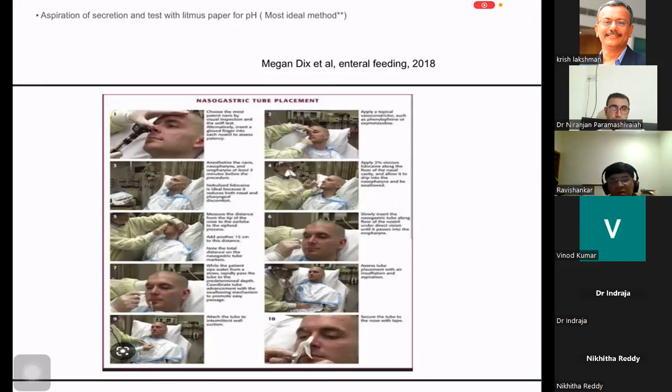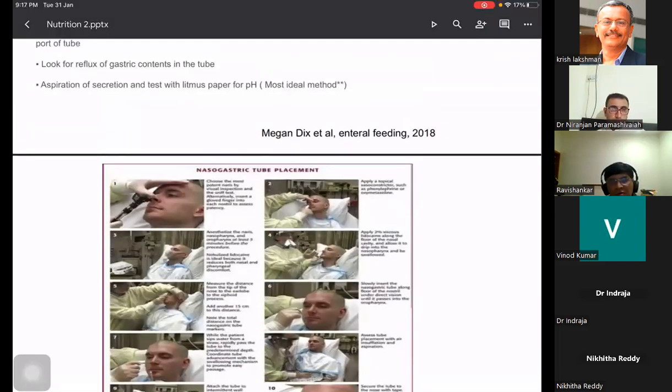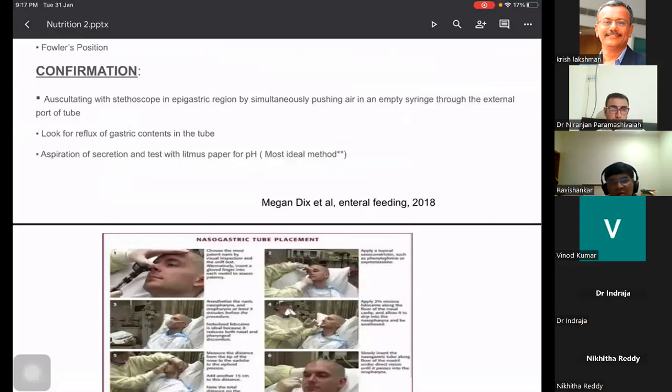We provide a little amount of water through the mouth, and we advise the patient to swallow while the tube is being inserted. Once the tube has entered to the appropriate length, we confirm by auscultating with a stethoscope in the epigastric region while pushing air, and also looking for reflux of gastric contents in the tube, aspiration of secretions, and testing with litmus paper for the pH.